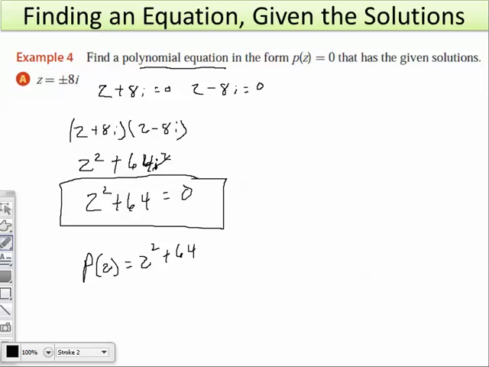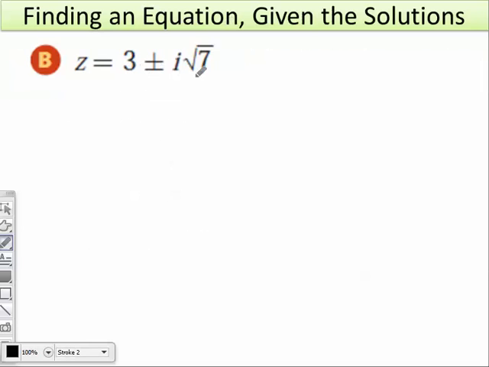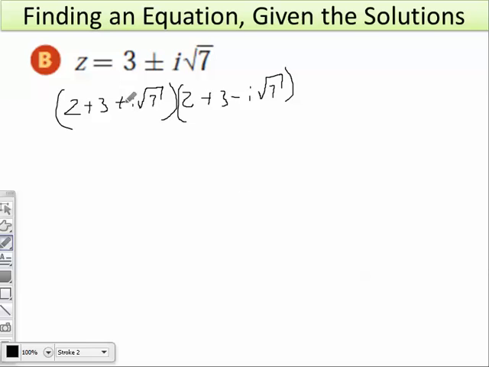Cool? Let's try it with a little bit more complex number here. So what is that going to be? That's going to be z plus 3 plus i square roots of 7 times z plus 3 minus i square roots of 7. Okay? So basically we're going to have to multiply everything times everything in here.